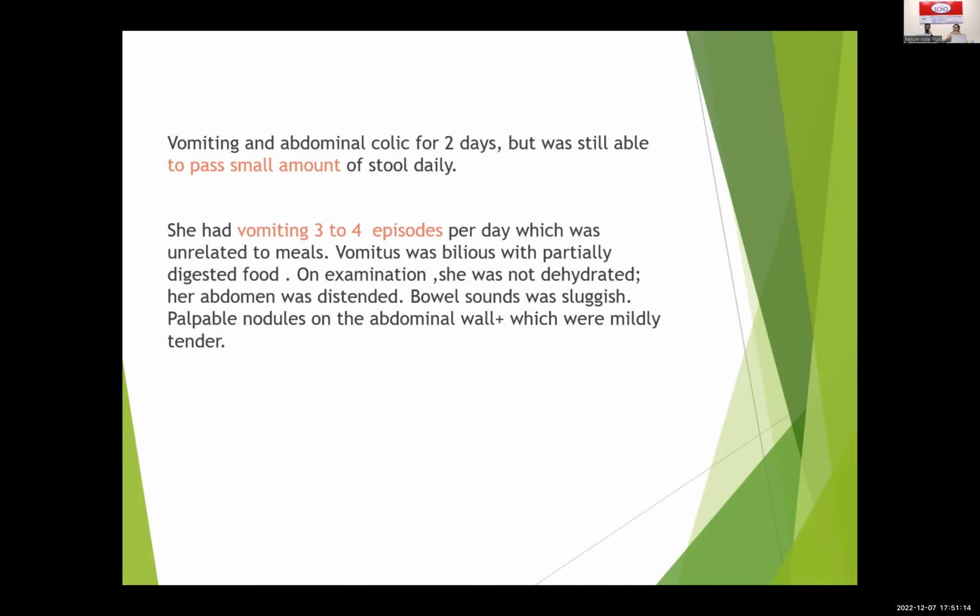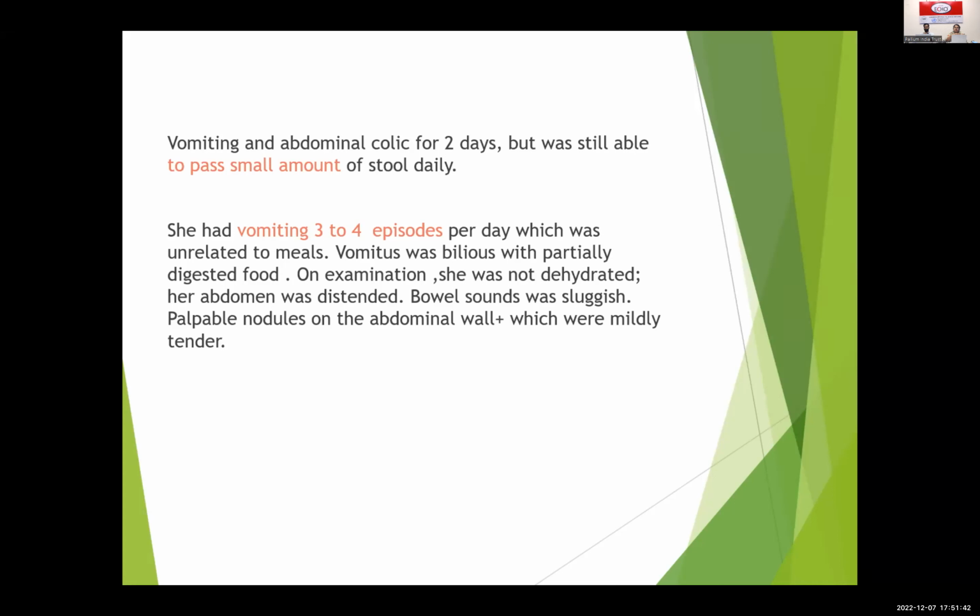So in this condition, what do you think is her diagnosis? She's having vomiting. It is bilious vomiting. She's able to pass a small amount of motion. The abdomen is distended. You can hear her bowel sounds. Partial obstruction. Yes. In perforation, we will not hear bowel sounds.